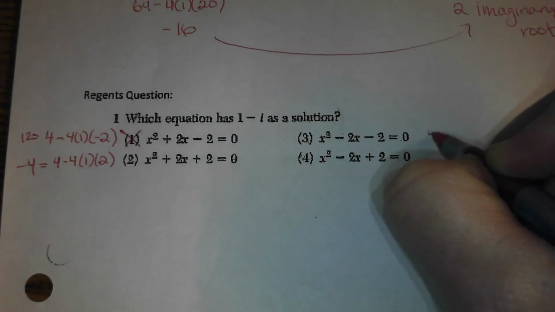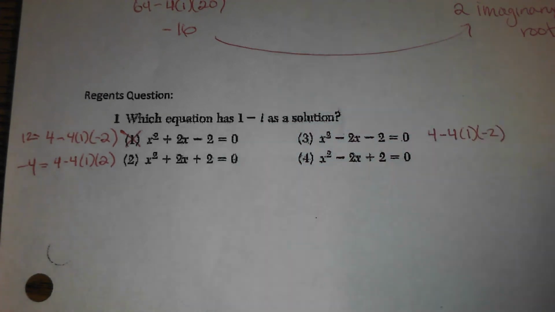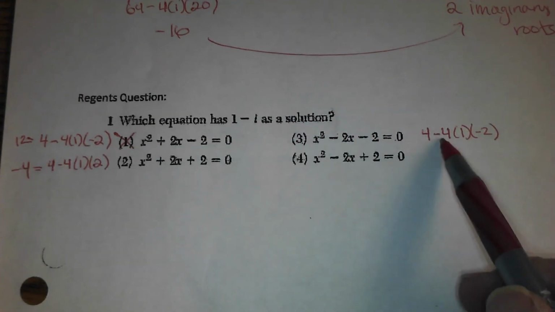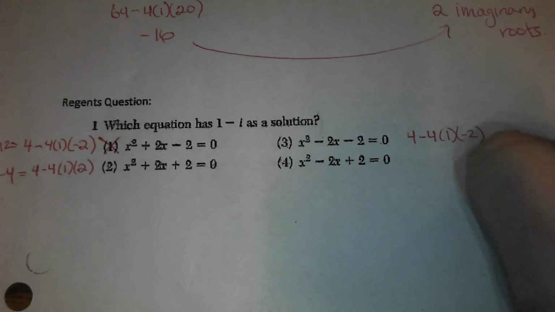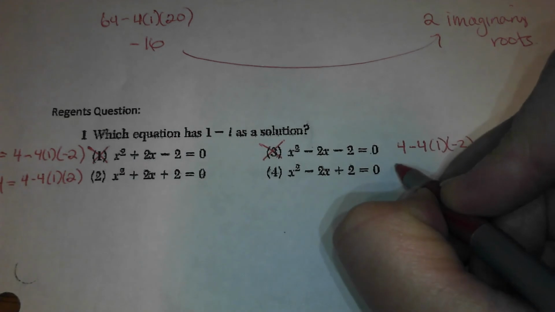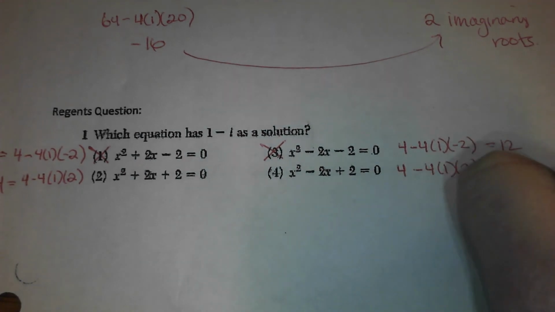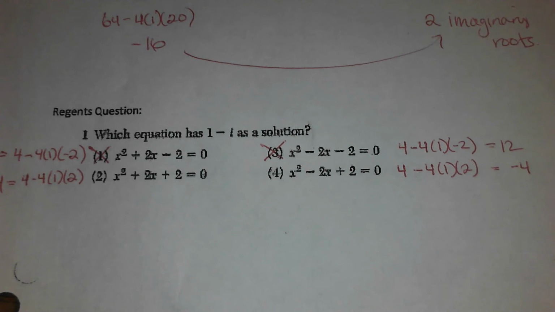In 3, b squared is 4 minus 4ac. That gives us 4 plus 8 again, which is 12, so we can take that out of our conversation. And then on the last one, b squared minus 4ac gives us a discriminant of negative 4. So it's between 2 and 4 at the very least.